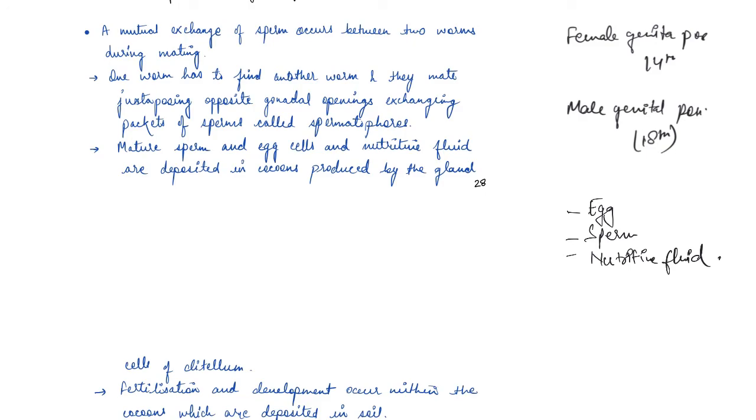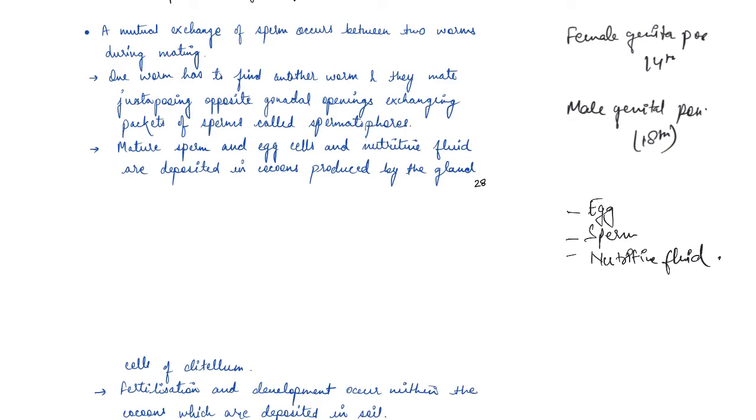These cocoons are produced by gland cells of the clitellum. The clitellum, on the basis of which the entire body of the earthworm is divided into three parts, produces the cocoon, and the mature egg and nutritive fluid are deposited in these cocoons.